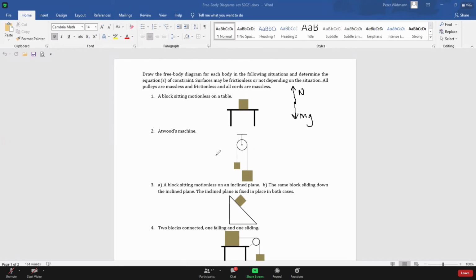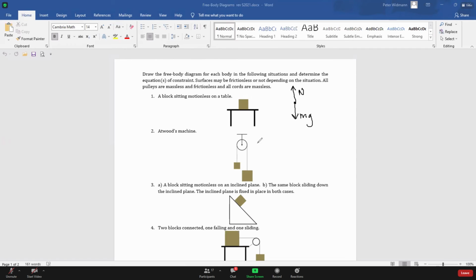Now, some of these problems have more than one object that you have to do a free body diagram for. I also ask you to determine the equation or equations of constraint. If you don't know how to write it as an equation, then say it in words.